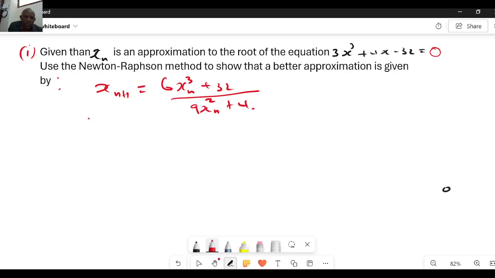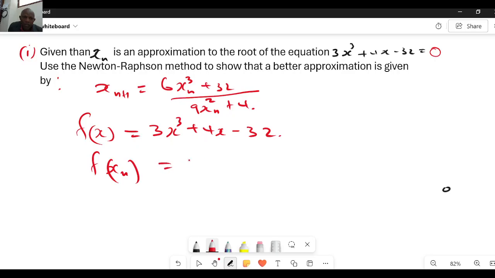So we know that f(x) is the same as 3x³ plus 4x minus 32. Therefore, f(xn) would be the same as 3xn³ plus 4xn minus 32.